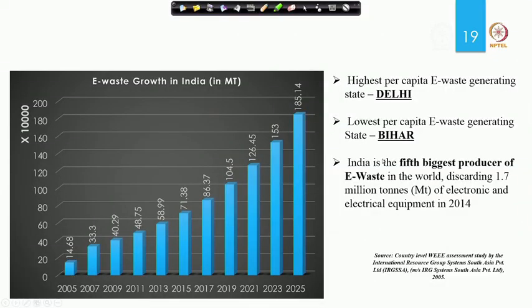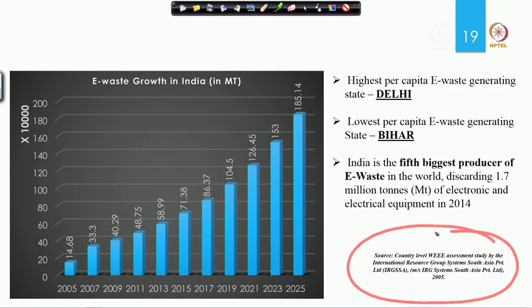Now let's look at some projections. This was country-level work done. As you can see on the side here, there were projections done by an international agency on how much e-waste we will have from different countries. Taking data from there, in this slide we have tried to present how much e-waste will be produced in future in the country.